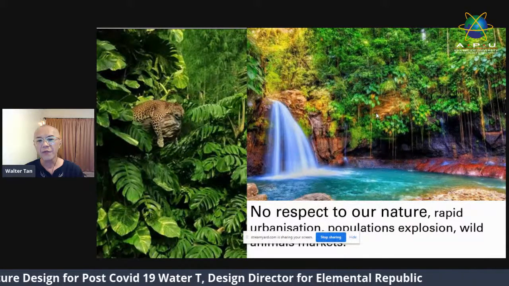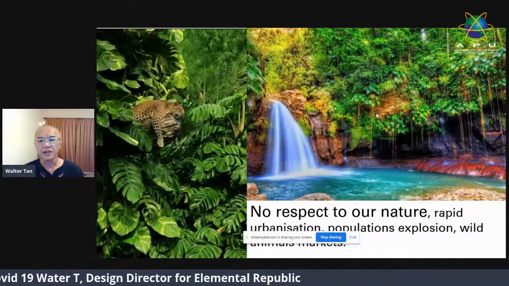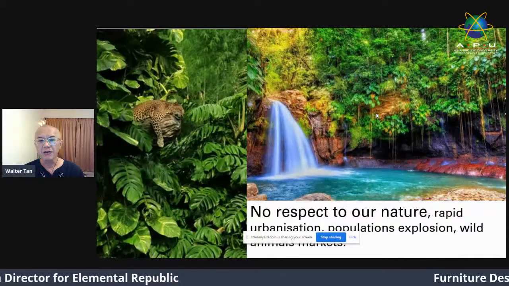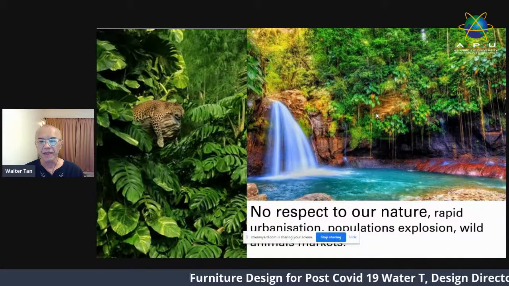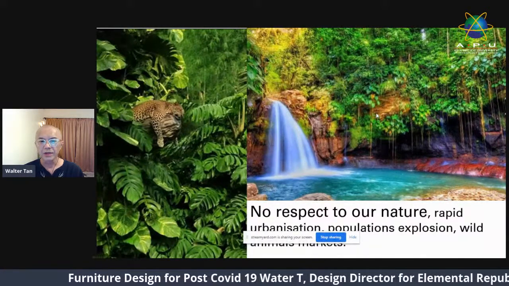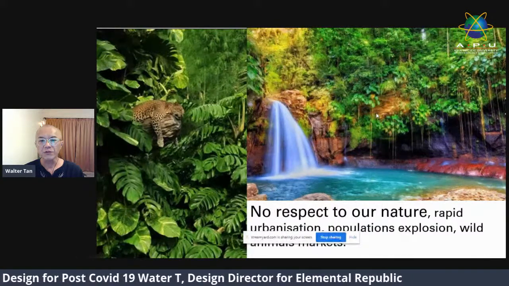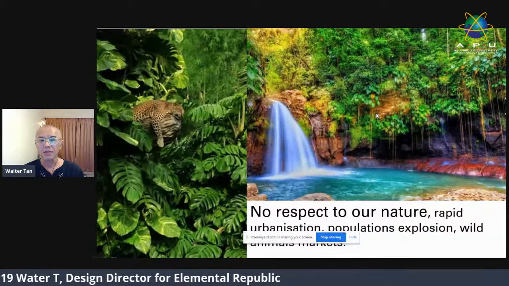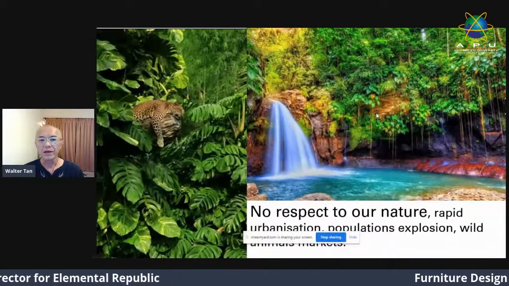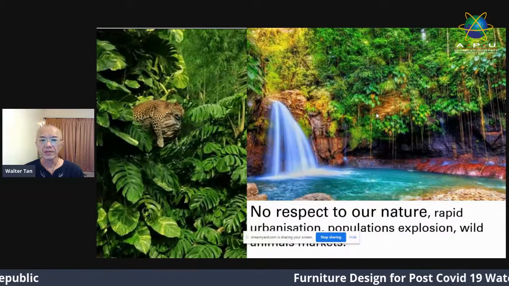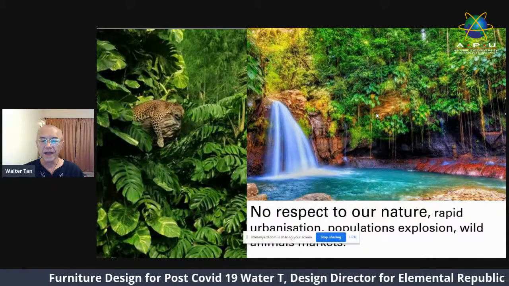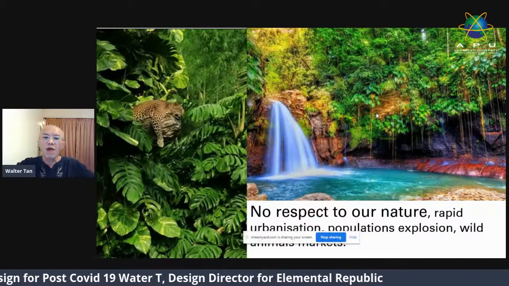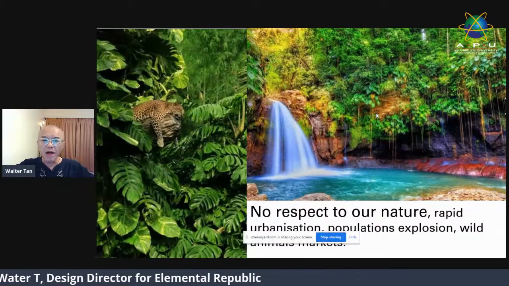And rapid urbanization, so the housing area is actually expanding. They build houses, expand, and very near to the forest. Population explosion. So from here, we humans are actually very close to nature. And also the wild animal market.